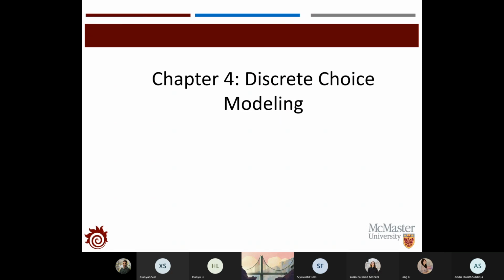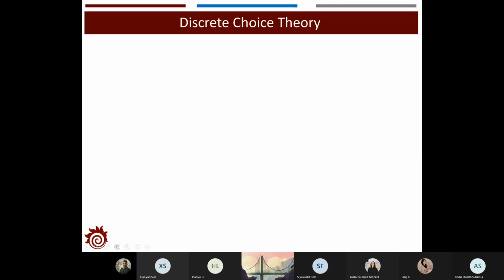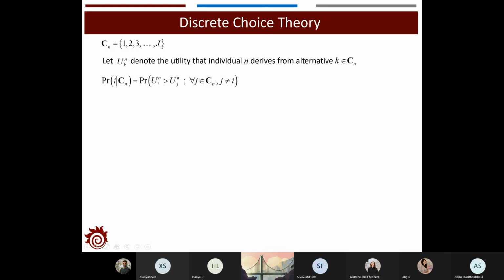The multinomial logit model is the one commonly applied for multi-choice in transport planning. It totally relies on the discrete choice theory that we presented previously. We have J different alternatives, and we define the utility for each one of them.